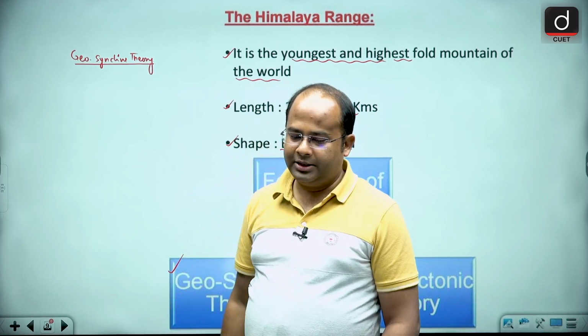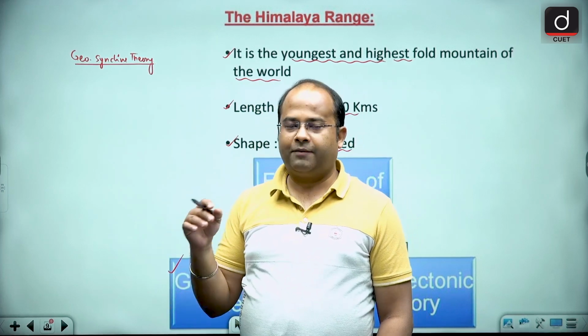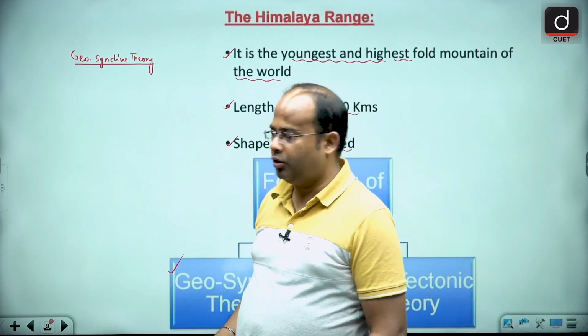According to the geosyncline theory, guys, the Himalayan mountains have come up from a great geosyncline called the Tethys Sea.